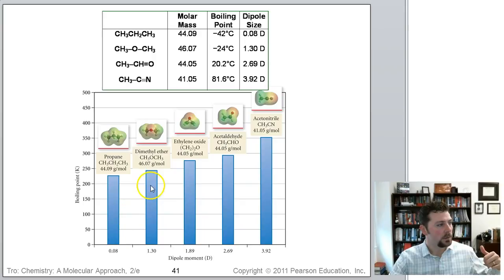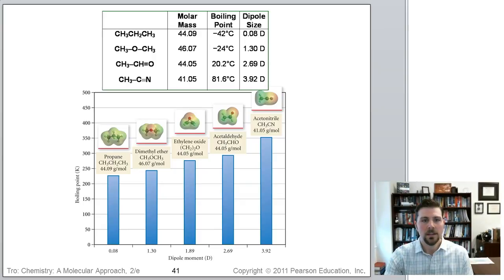The boiling point goes up and up and up and up. Notice it's not a huge difference, but it's still a difference. Keeping all the dispersion forces the same, but changing essentially the dipole moment, we see with increasing dipole moment also an increase in boiling point. Okay, so as we've seen here, increase of the dipole moment, larger dipole moment means more intermolecular forces.